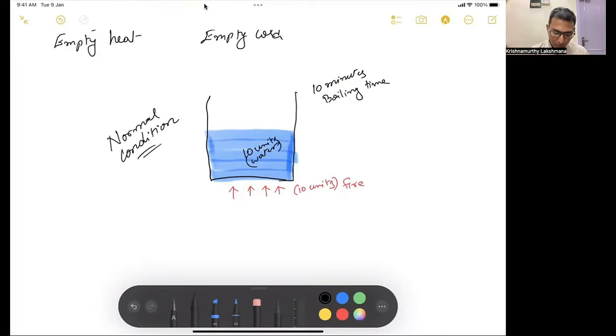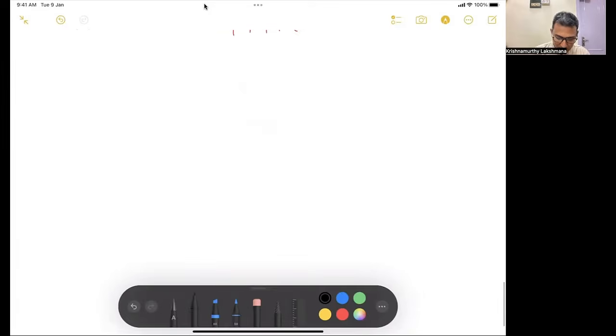What we can do is keep water constant and either increase or decrease fire. Or we can keep fire constant and increase or decrease water. So this will give us 4 different conditions.